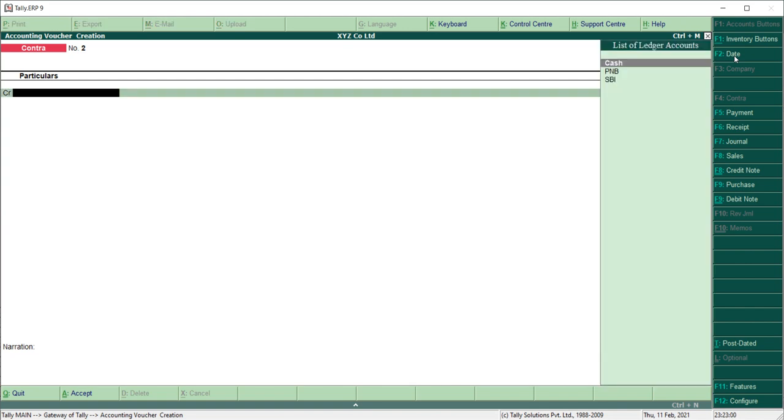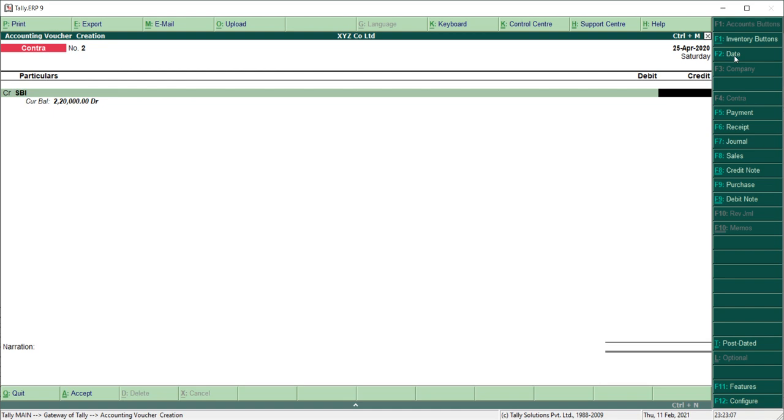The cash is coming from the bank, so the bank will be credited. So friends, here only one thing you have to remember: who is receiving the fund will be debited, who is giving the fund will be credited.